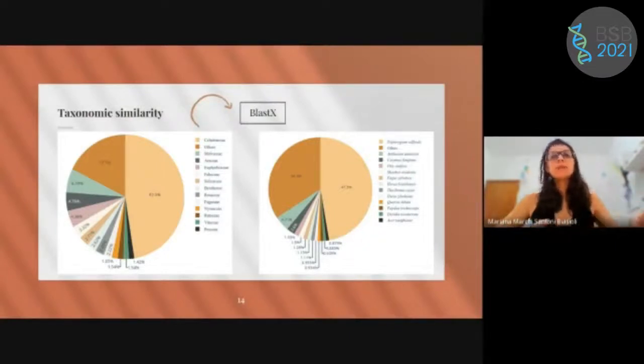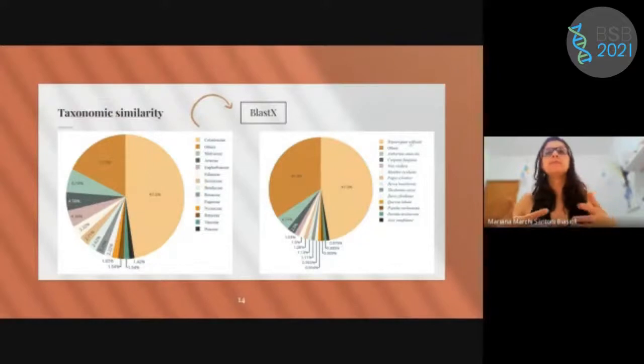The Maytenus ilicifolia transcripts have highest similarity with organisms classified in the same family, Celastraceae, and mainly it's very similar to Pristimerella wilfordii, a species very close to Maytenus ilicifolia in taxonomic terms.